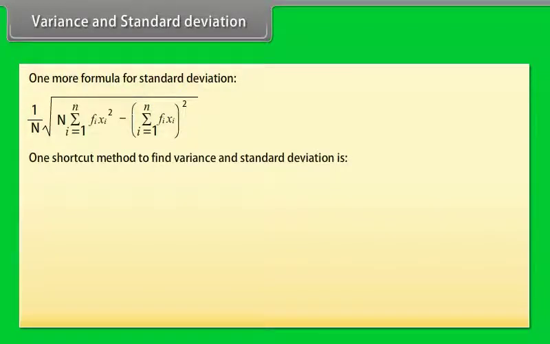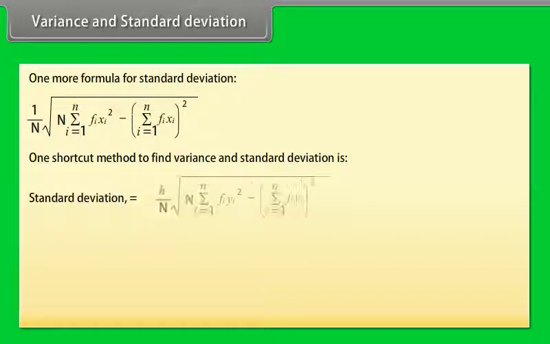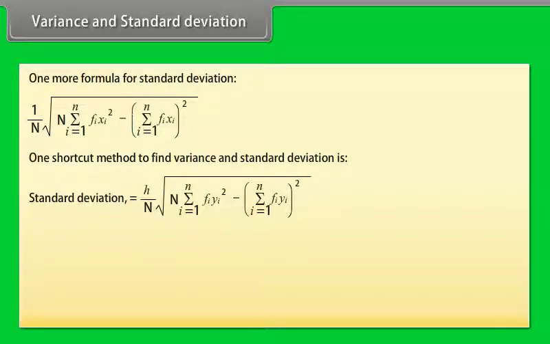One shortcut method to find variance and standard deviation is: standard deviation is equal to h divided by N multiplied by the square root of the difference between the summation from i equal to 1 to n of the product of frequency fi and yi squared multiplied by capital N, and the square of the summation from i equal to 1 to n of the product of fi and yi, where yi is equal to the difference between xi and the assumed mean a, divided by h.